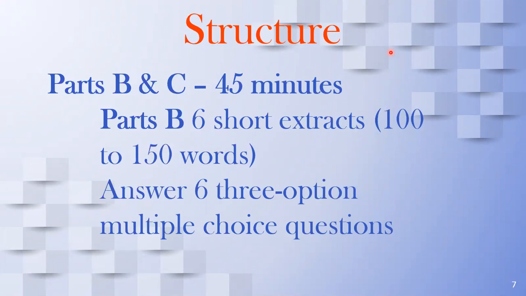Parts B and C last 45 minutes, and you're doing this together after Part A has been collected from you. You are shading for Parts B and C. Part B has 6 short extracts, and these range between 100 to 150 words.